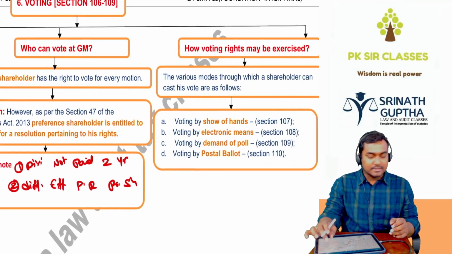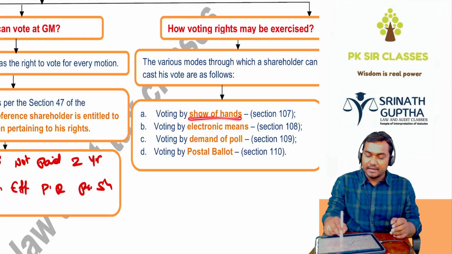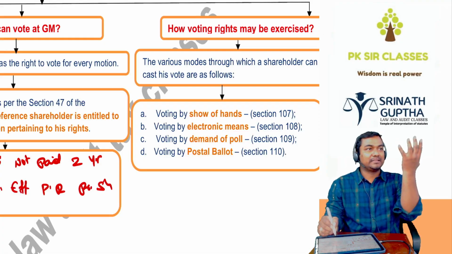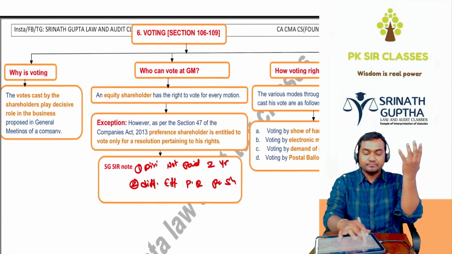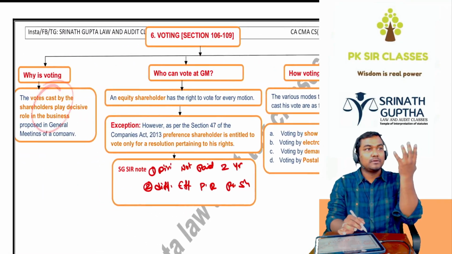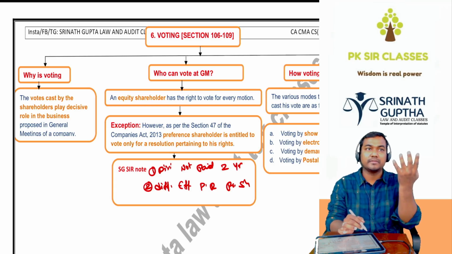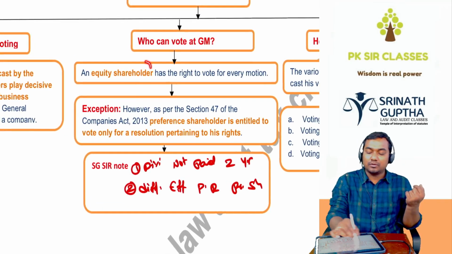A member can exercise his voting right through show of hands, electronic means, poll, or postal ballot. There are 4 ways to exercise the voting rights. Why are voting rights given? To decide the fate of the company. The voting rights of the shareholders play a crucial role in the company. And who has the right to vote? Only equity, but not the preference shareholders.